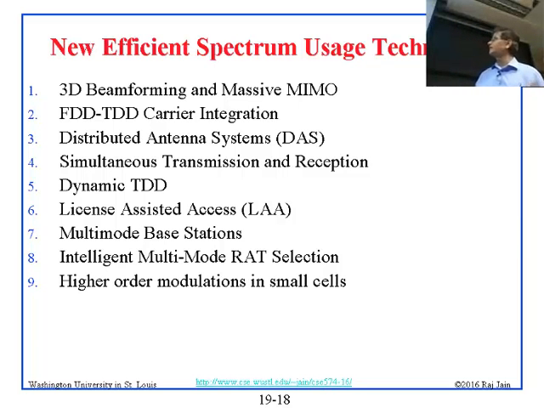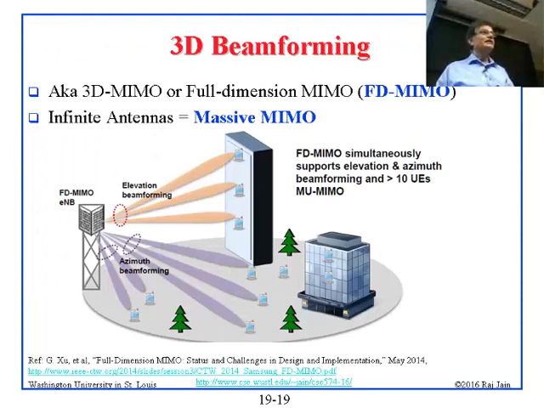Higher order modulation simply means that we'll use QAM64 or QAM256. That's straightforward, you understand that, right? Other than that, what is 3D beamforming? Basically, most of the transmission right now is in 2D. When you have a vertical antenna, all the energy goes in the horizontal plane, and that is how they make the amplification.